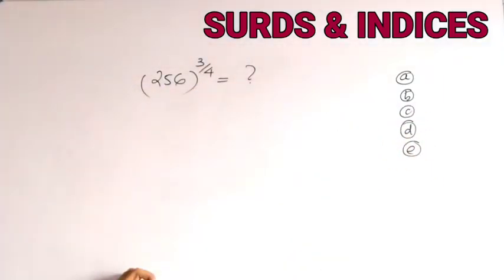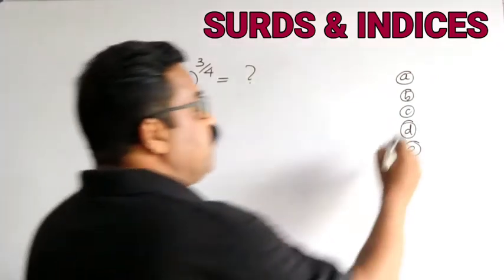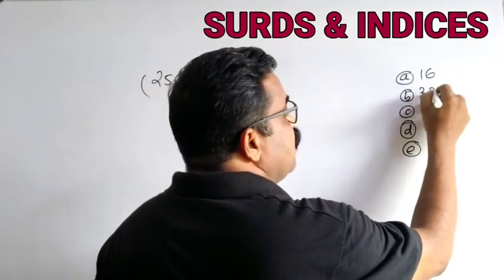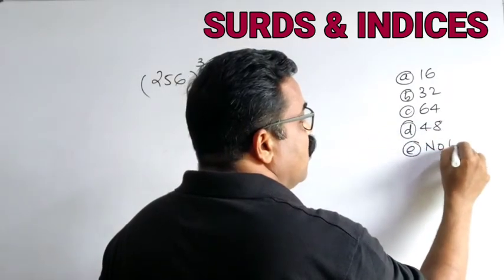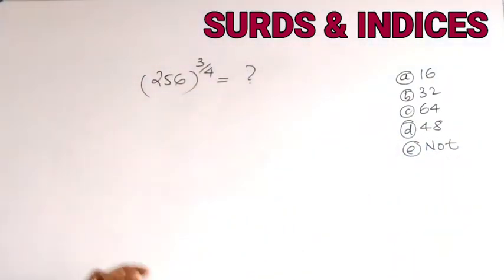What are the options given? 16, 32, 64, 48, and none of these. These are the 4 options given in the question.